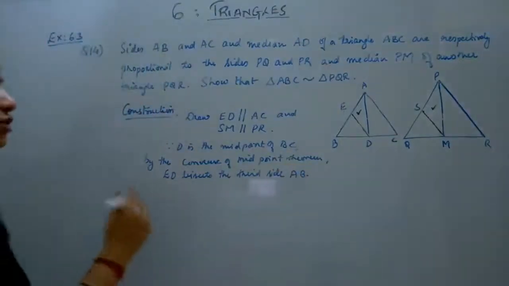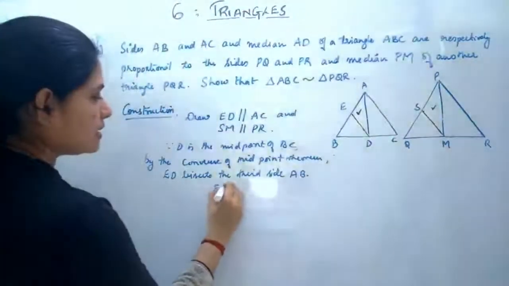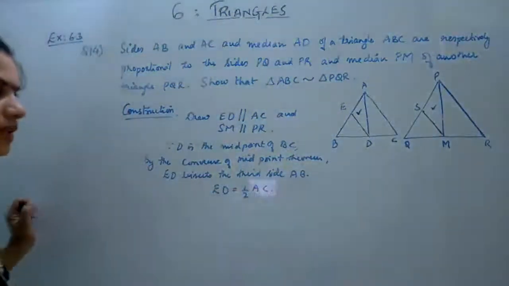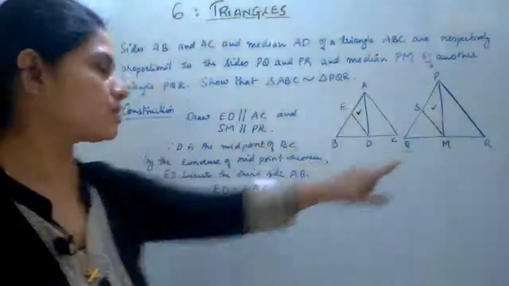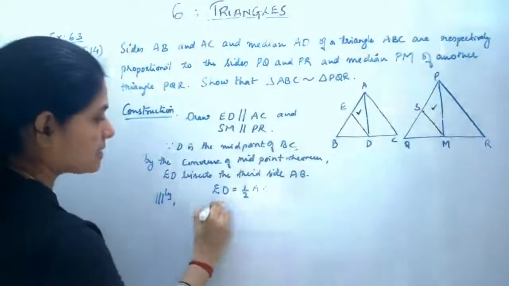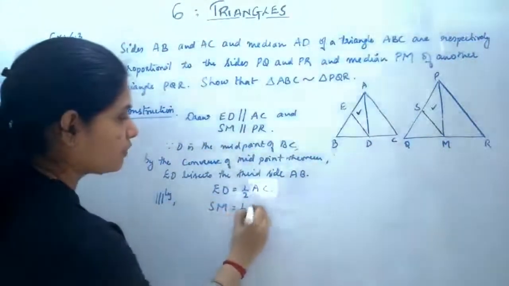And you will have the concept that ED is half of AC. Similarly, for the other triangle you will get SM is half of PR.